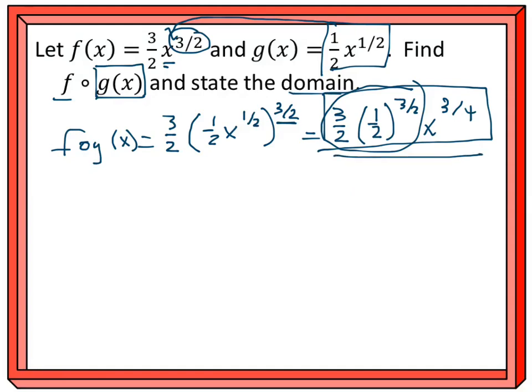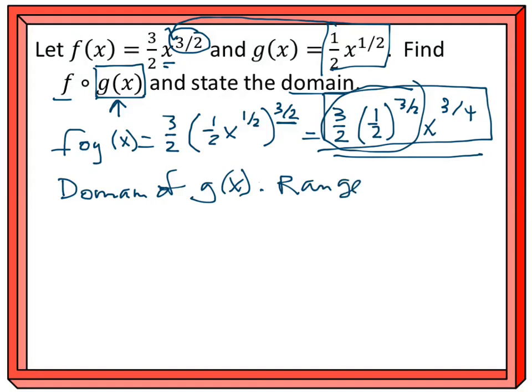Now we need to state the domain. For function composition, the domain is a little bit trickier. The domain means what you get to stick in for x. And what we're sticking in for x is g of x. So the domain should be the domain of g of x as long as its range is in the domain of f of x.